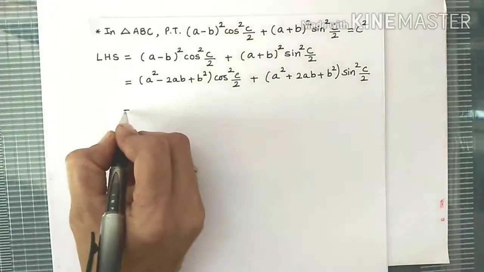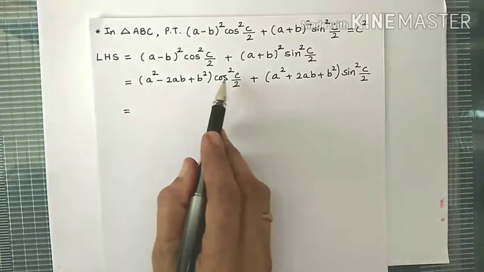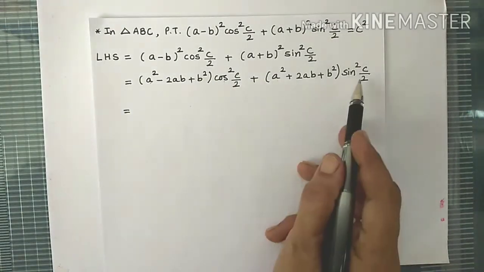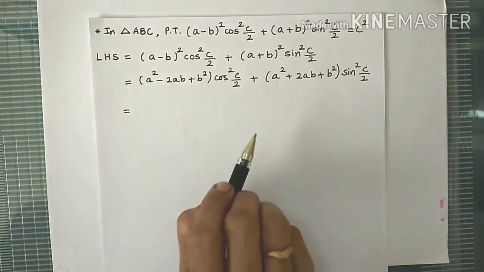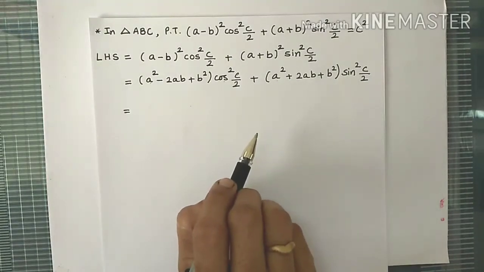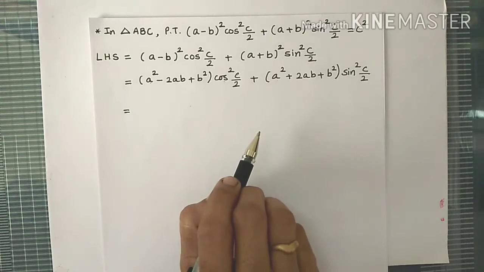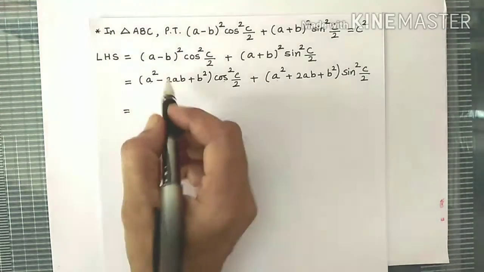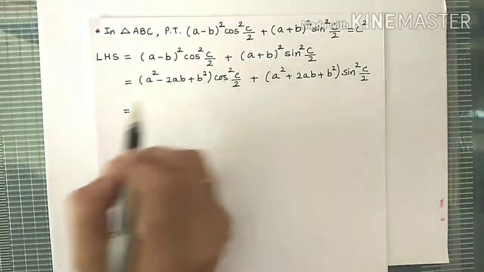Now to simplify this, we can see here we have a square cos square C by 2 and here we have a square sin square C by 2. So taking a square common, we will get cos square C by 2 plus sin square C by 2, and that we can write as 1. So let's multiply these three terms by cos square C by 2.